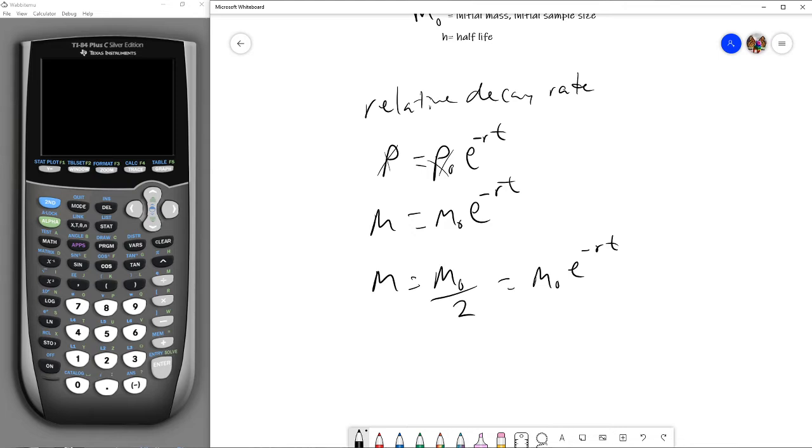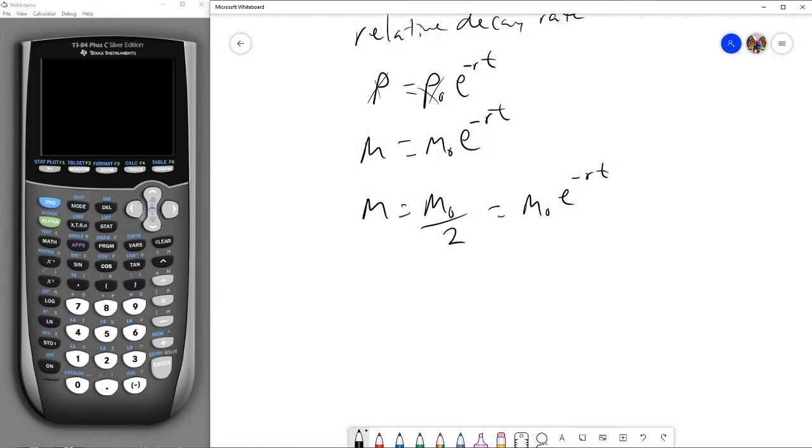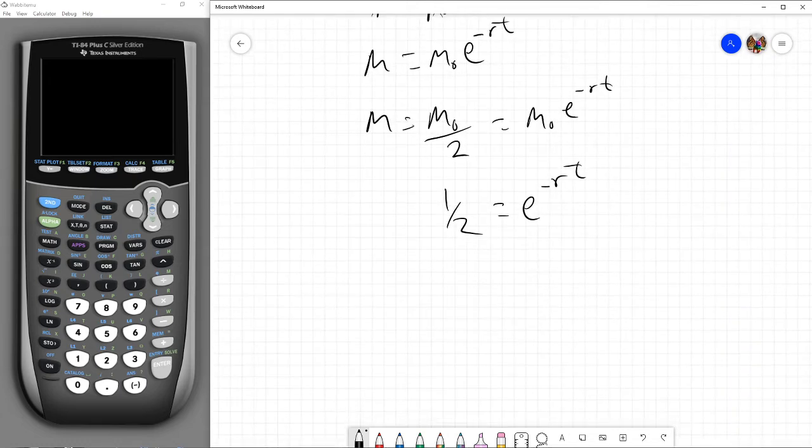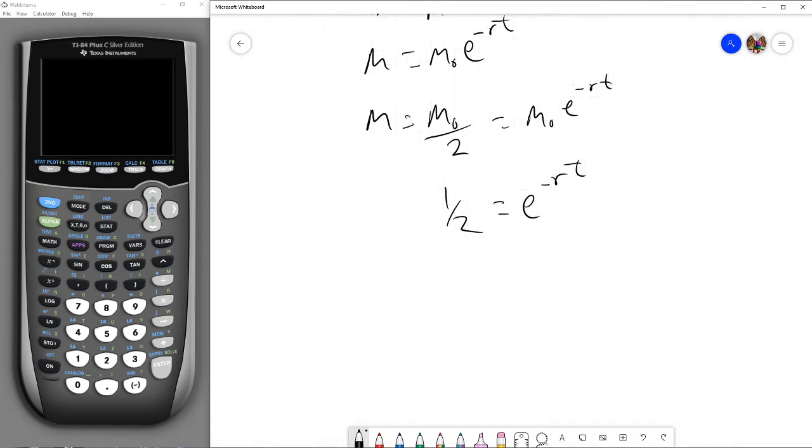So we'll divide out the m naught, leaving us with a half is equal to e to negative rt. And then we can take the natural log of that. So natural log of a half is equal to natural log of e to negative rt.